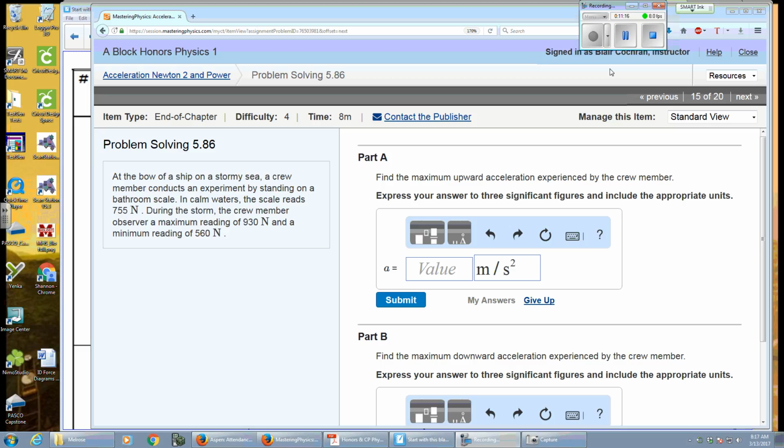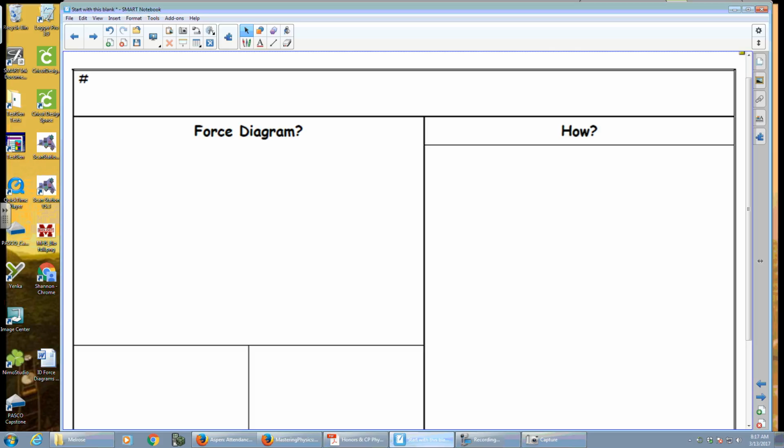Alright. So, go ahead and read this. In calm waters, the normal force on the person is 755 newtons. During the storm, the crew member observes a maximum normal force of 930 newtons, and a minimum normal force of 560 newtons. And then they want me to find the acceleration upwards and the acceleration downwards. So, force diagrams again.